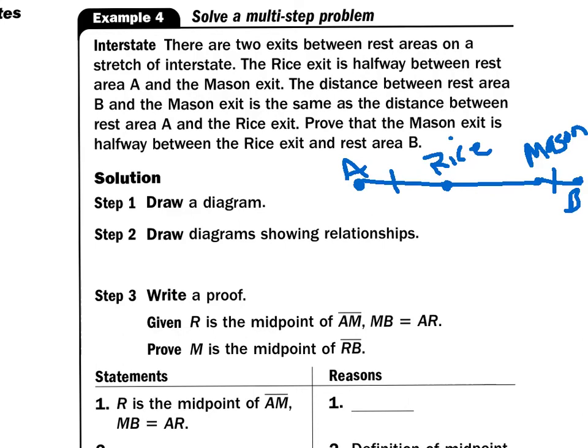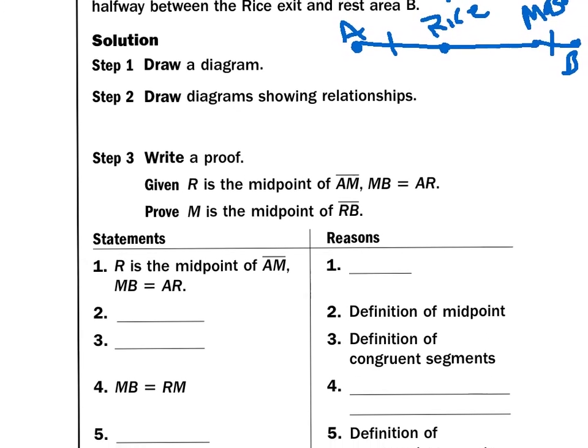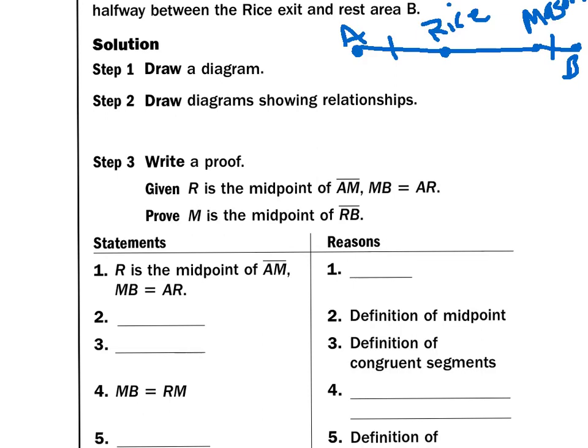So, write a proof. R is the midpoint of A to M. MB is AR. And why can we say that? Because that is the given.